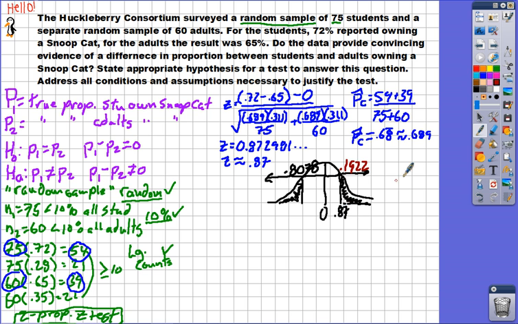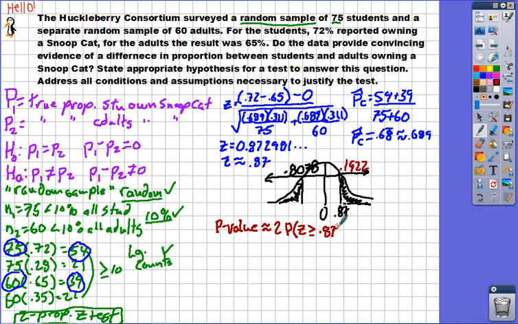So let's put this all together now. Using our table, we got our z from our table there. Our p-value is going to be approximately equal to twice, because we've got both of these sides here, twice the probability that z is greater than or equal to 0.87.